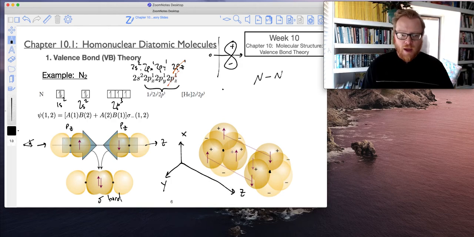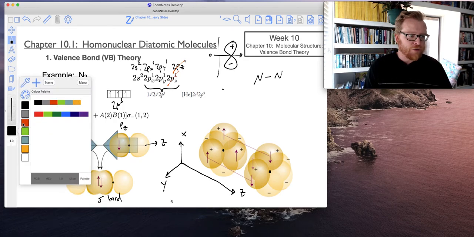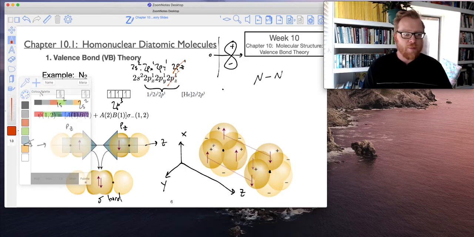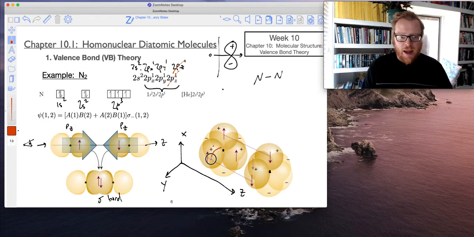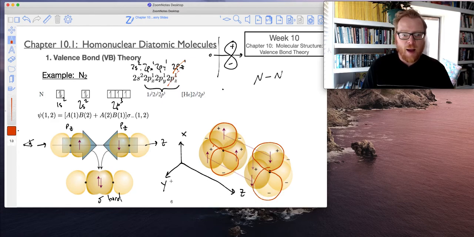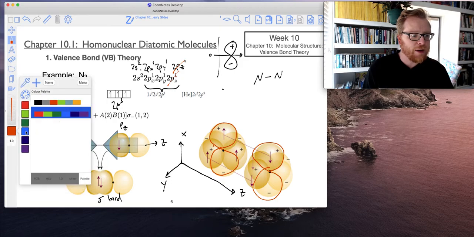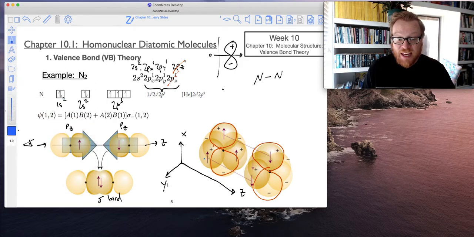So then now, here I've got my, I'm going to try to highlight this in a different color. So then this would be my px with the positive and negative region, right? And I'll highlight my px over here. Okay, great. And then now, in a different color, in blue, I'm going to highlight my py.